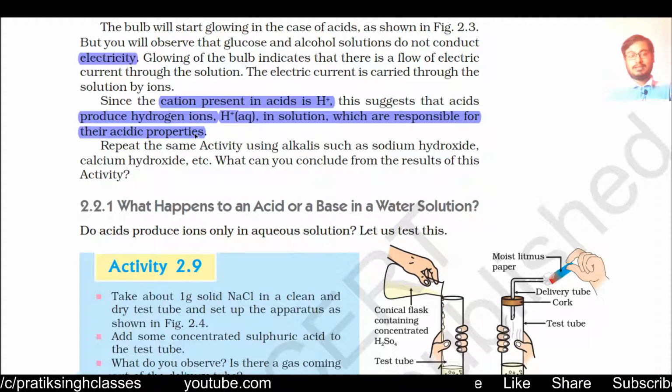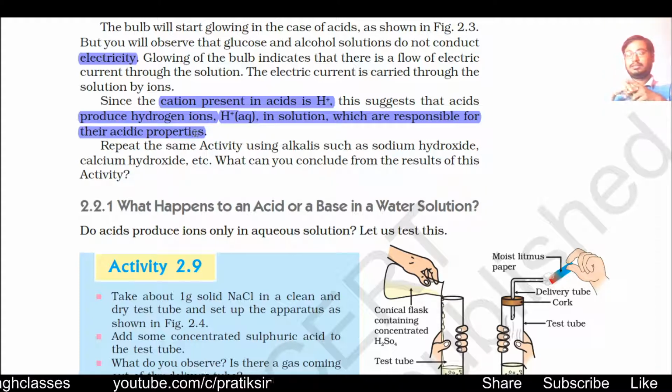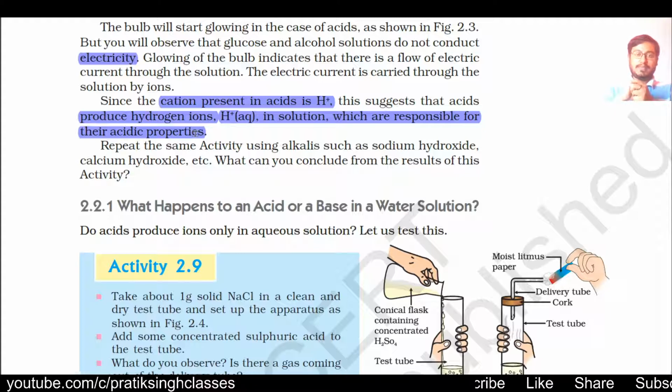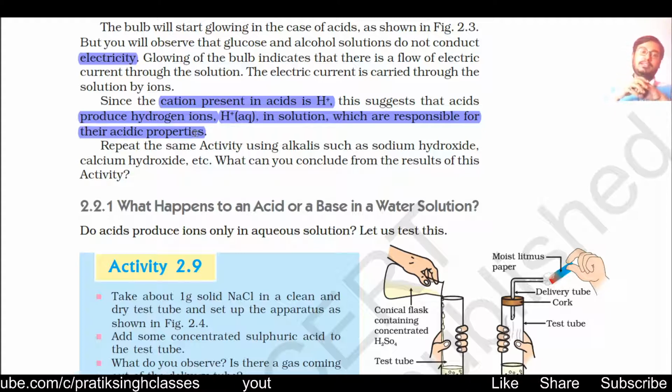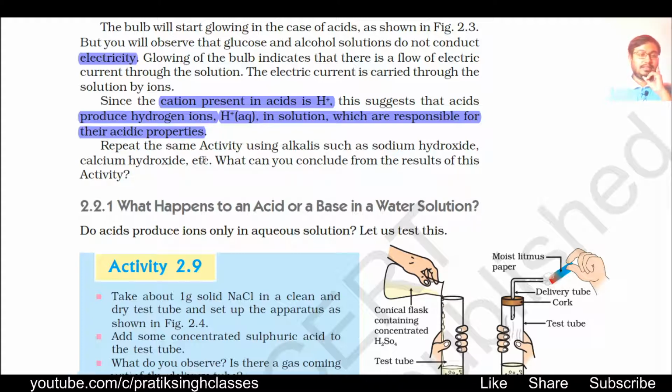That means if any compound is mixed with water and an H+ ion comes out of it, it is acidic in nature. Repeat the same activity using alkalis such as sodium hydroxide, calcium hydroxide, etc., and conclude what you get in the activity.